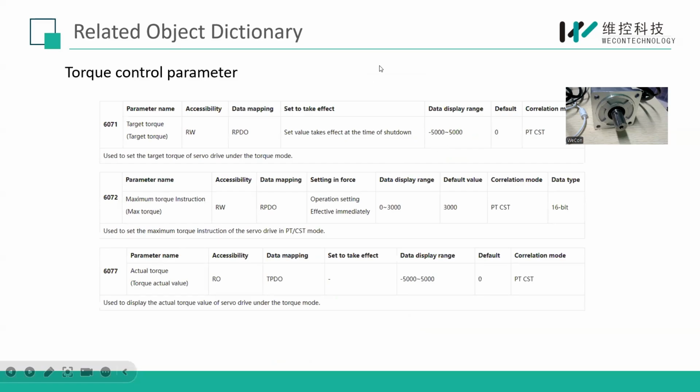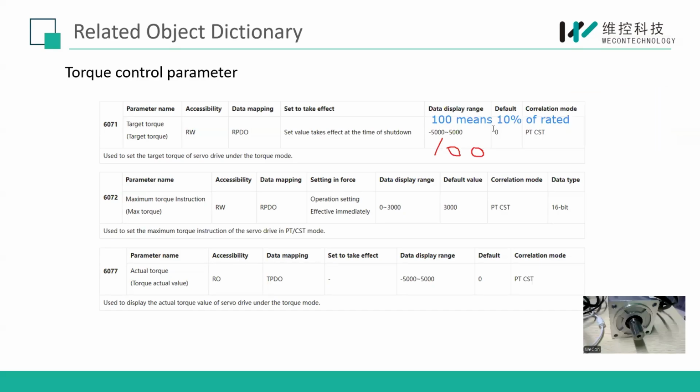The unit is 0.1% of the rated torque. For example, if we set the target torque as 100, it means 10% of rated torque. The unit of these three parameters is the same.